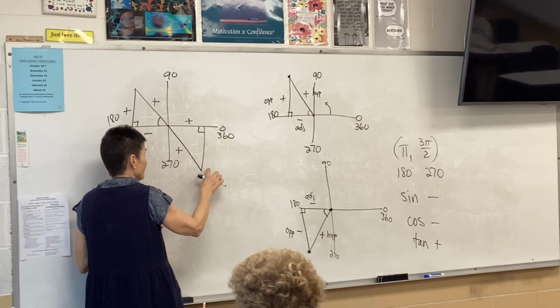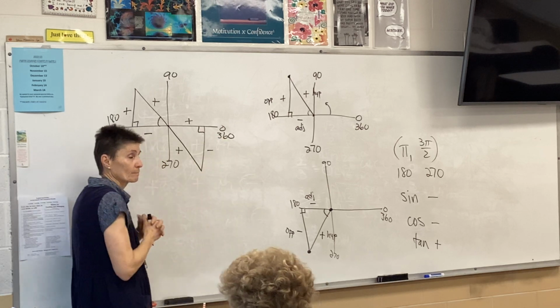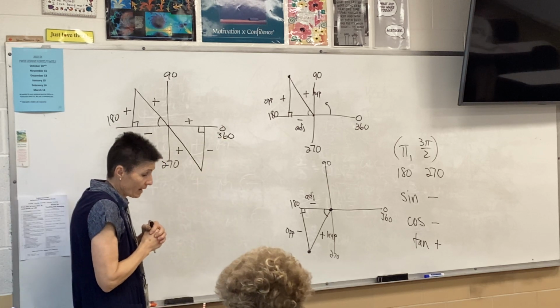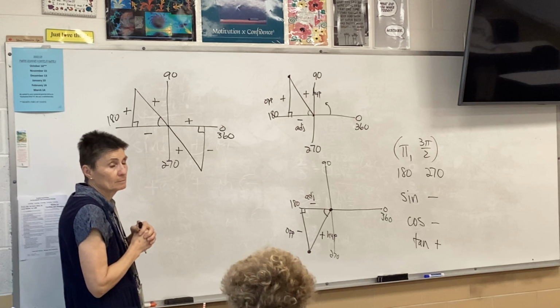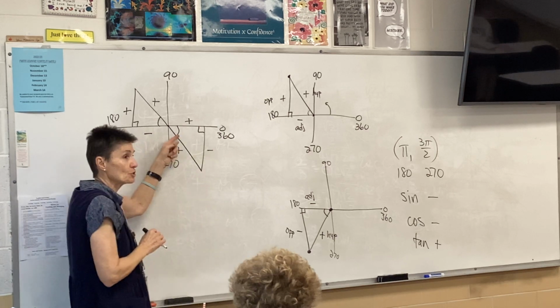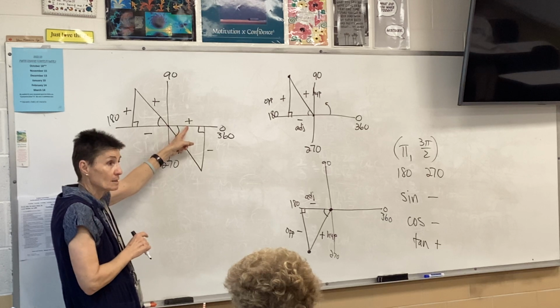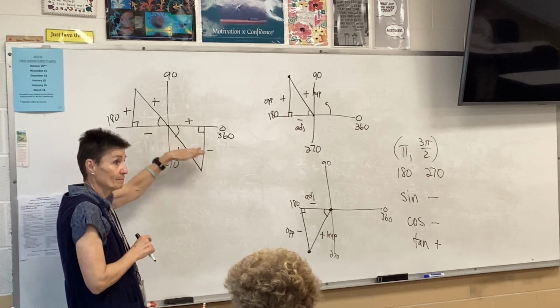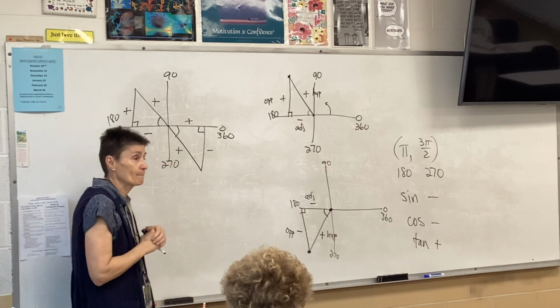Positive. Negative, going down. I want the tangent. Tangent, here's your angle. Tangent is opposite over adjacent. So that's gonna be negative. The tangent of 300 is a negative number.